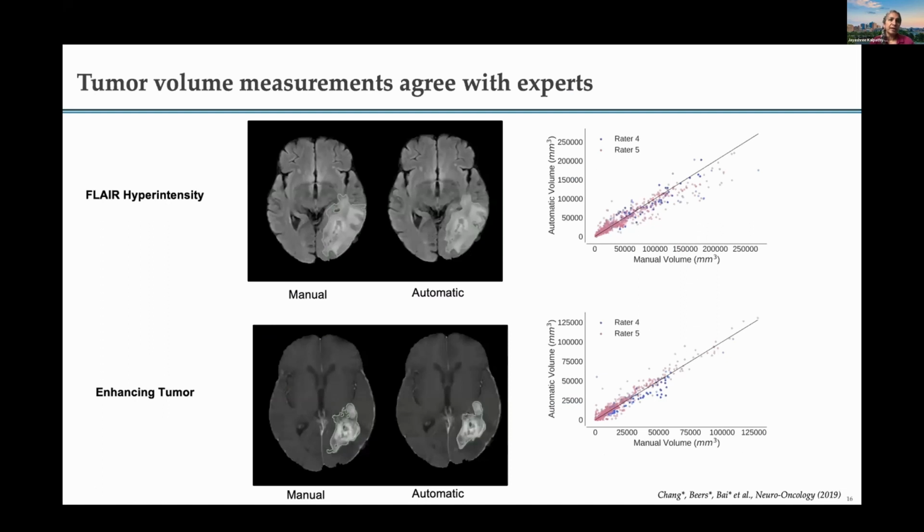We used a fairly standard deep learning algorithm a few years ago to create tools for outlining the FLAIR and enhancing tumors, and showed that we had pretty good agreement between what the algorithm said and what multiple humans said. In fact, the algorithm agreed with the consensus of the humans more than they necessarily agreed with each other.